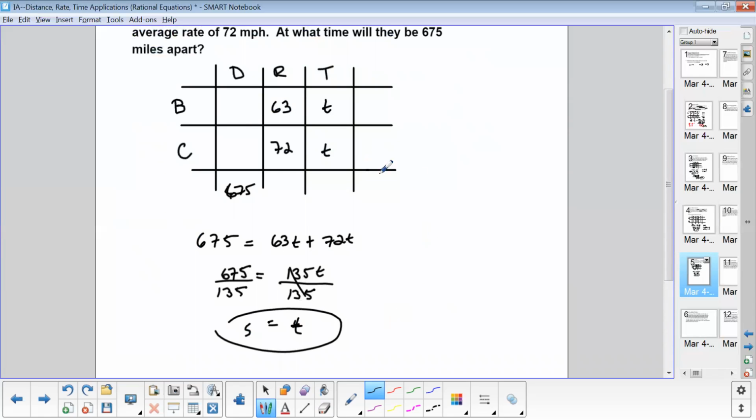So if you took 63 times 5 and 72 times 5, that should give you a total of 675. So 63 times 5 is 315.